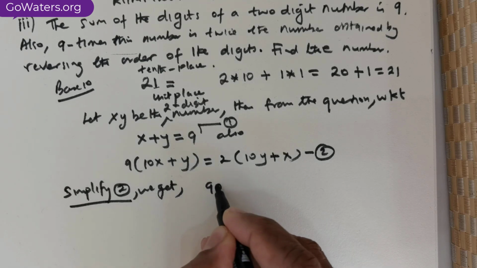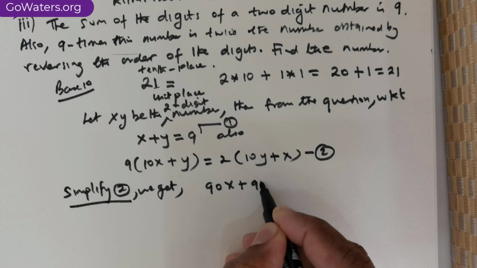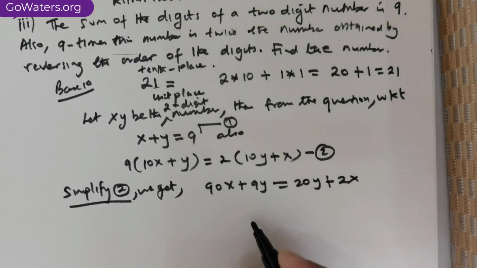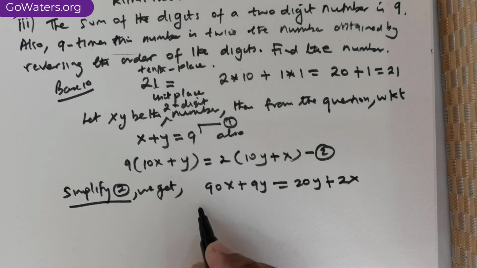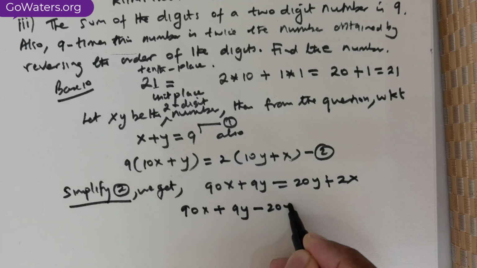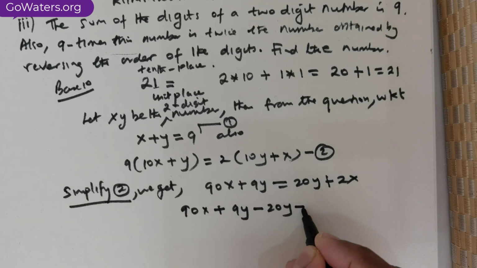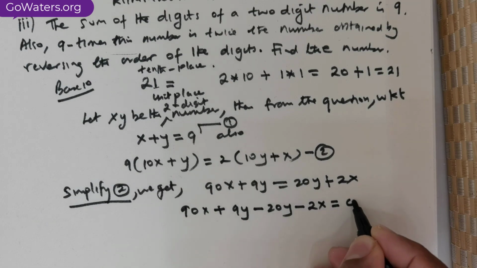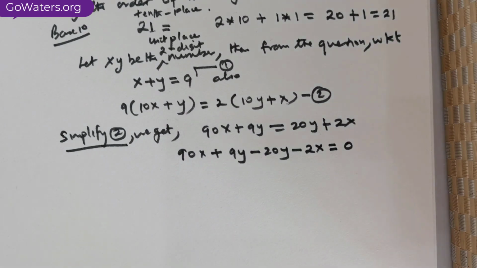This is 90x plus 9y is equal to 20y plus 2x. I move everything to the left, so it's going to be 90x plus 9y minus 20y minus 2x is equal to 0. This is what I have got.